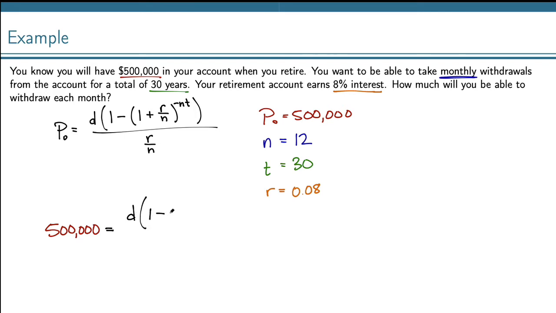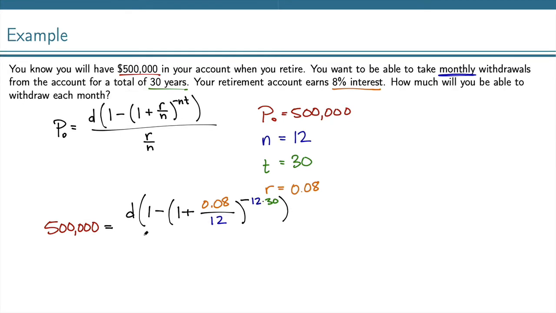Then we have 1 minus 1 plus, and then r is 0.08 over n, which is 12, and we raise that to the negative n times t. And this is divided by 0.08 over 12.